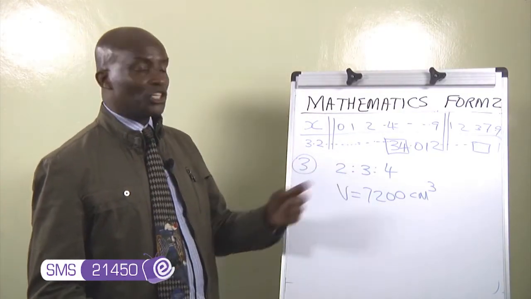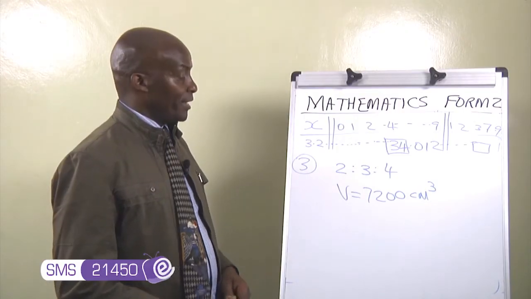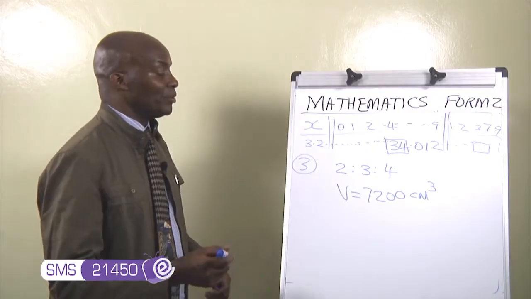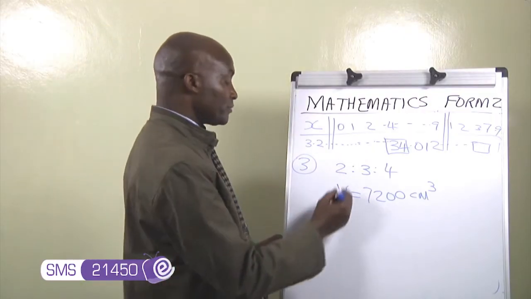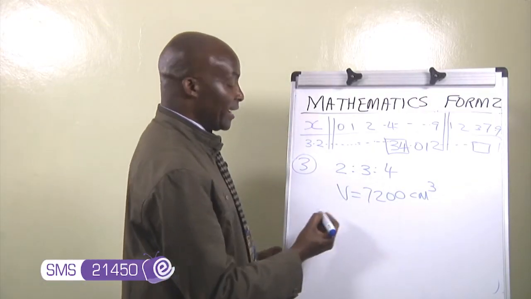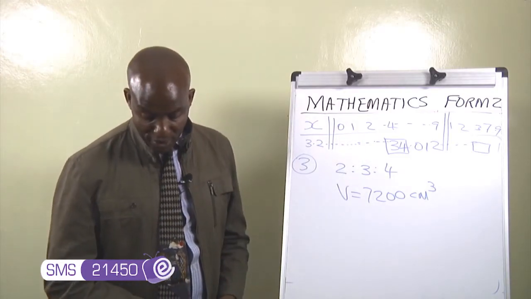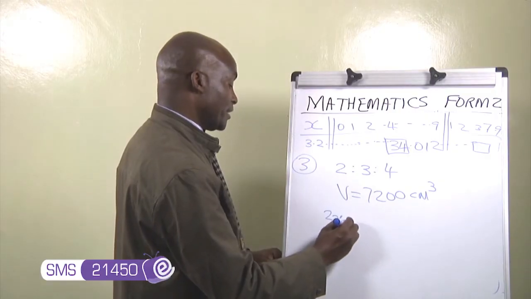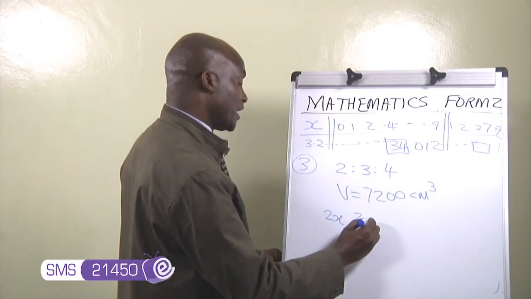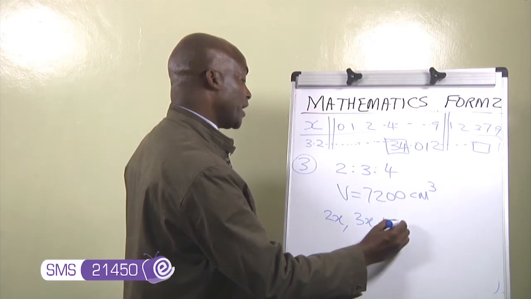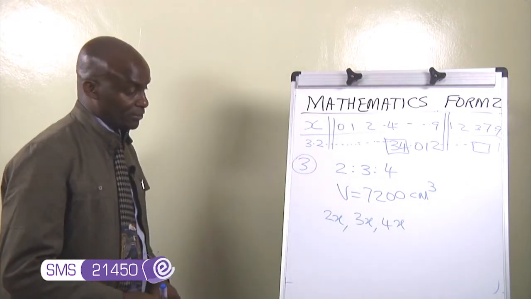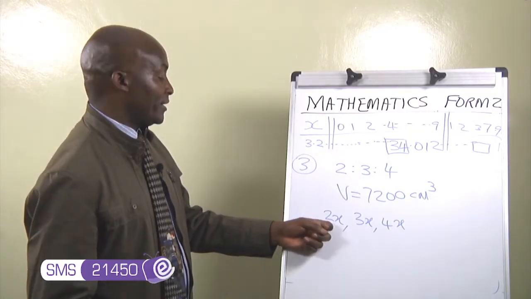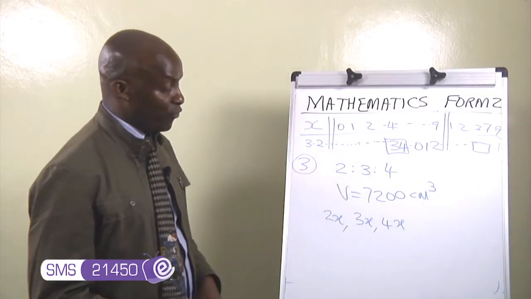Now when you are given the ratio, that is just comparing, they are in this ratio. So suppose we say that the sides are 2x, 3x, and 4x. So that is the ratio, and the actual sides will be 2x, 3x, and 4x.